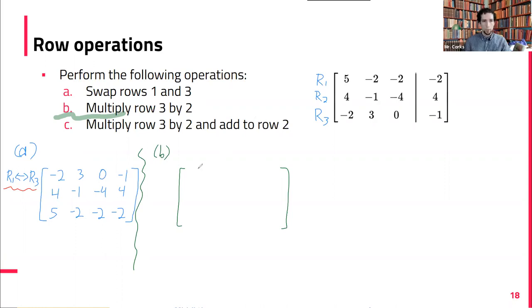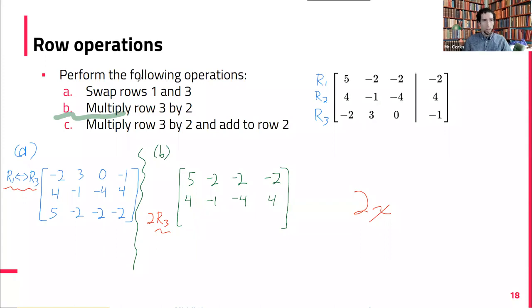Already I know row 1 and row 2 are not changing, so we can just write those in: -2, 4, -1, -4, and 4. So no changes to rows 1 and 2. The only thing changing is row 3. So let's write our operation on the side: 2 times row 3. I would write it like this, treating row 3 kind of like a variable, just like we'd write 2x or something, 2 times row 3.